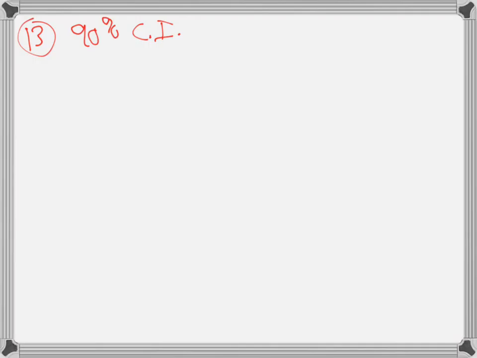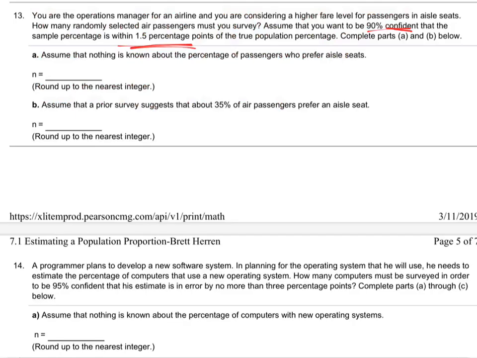All right, so let me write that. You want to be within 1.5 percentage points. And then part A, assume that you know nothing.